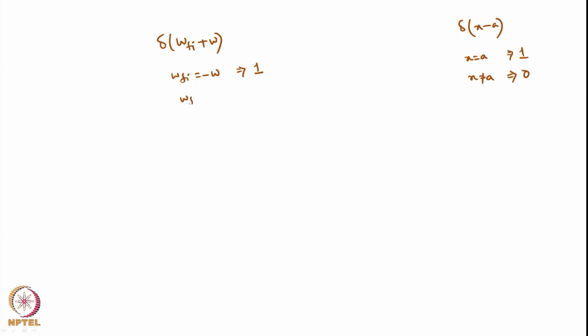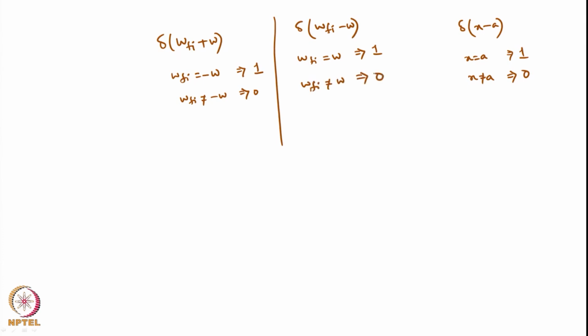When omega Fi is not equal to minus omega, this function will go to 0. Similarly, for delta(omega Fi minus omega), when omega Fi is equal to omega, this function will go to 1, and when omega Fi is not equal to omega, this function will go to 0.